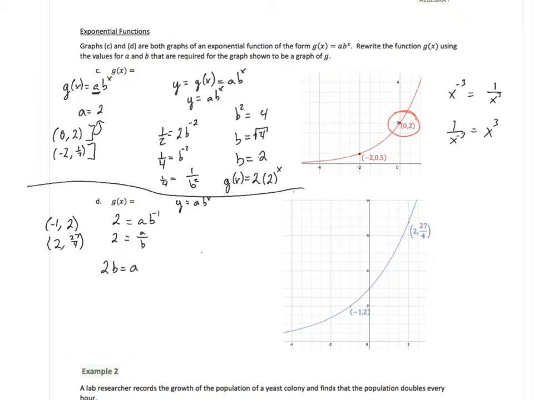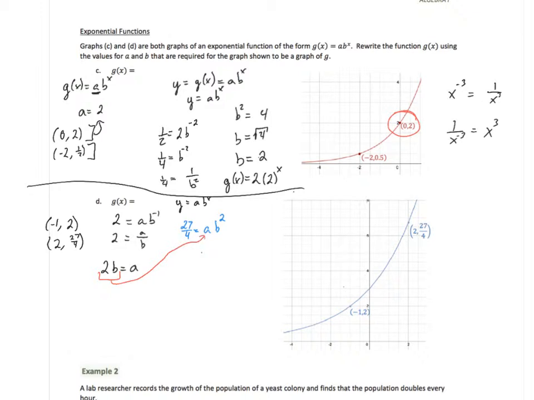So now let's go ahead and do this other equation. Let's just do it in blue. So using the other coordinate, 2, comma 27 over 4, I have my y value, 27 over 4, equals a b to the x, to the 2. But I have a already. I already know a equals 2b. So I'm going to go ahead and plug in 2b into the a.